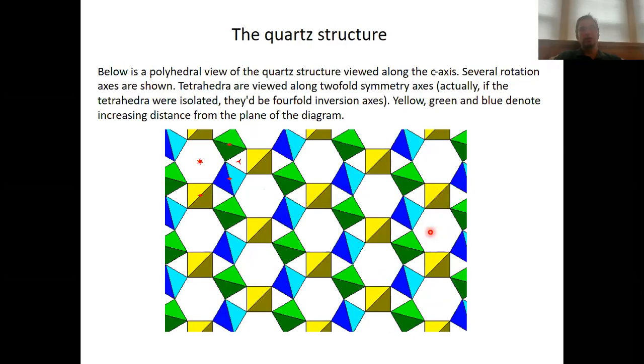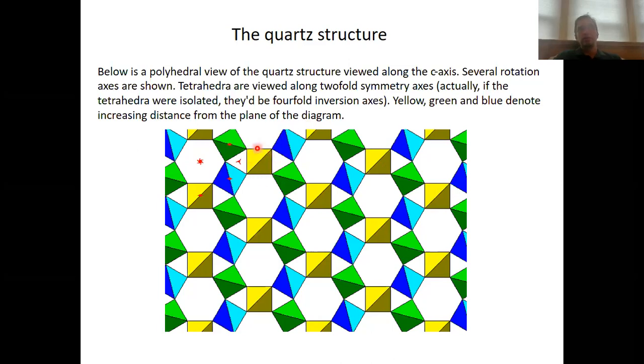Now let us look along the C-axis, where you can see these screw axes in a different way. So the crystal structure of quartz along the C-axis looks like this. And you see here the 6-fold screw axis and the 3-fold screw axis as part of the structure. Okay. So the colors yellow, green, and blue indicate increasing distance from the plane of the diagram. Okay.